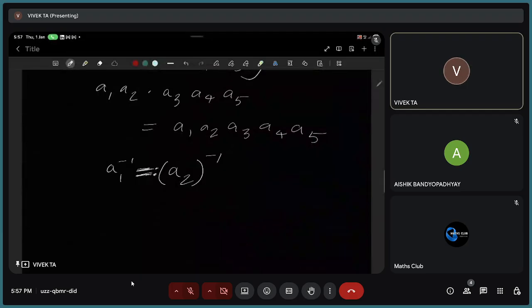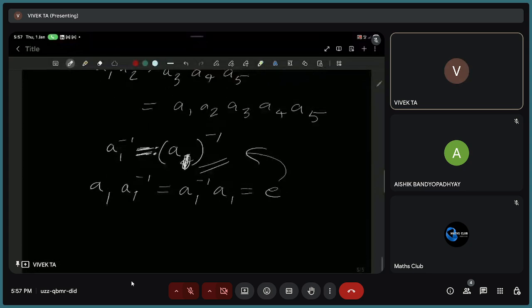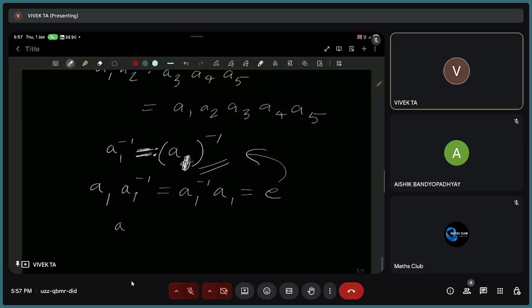You can define this to be true because you know that a1 a1 inverse is equal to a1 inverse a1, which equals E. You have this relation, hence, by the group law, this is true. Similarly, you can prove other facts like the inverse of a1 a2 is a2 inverse a1 inverse. These things are easier to follow. So this is a symbol, this is a symbol, and this is a definition.